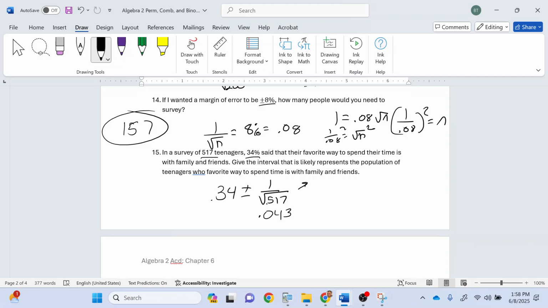So I'm going to add 0.34 plus 0.043, which is 0.383, and minus 0.043, which is 0.297. Then we just change it to percentage. So 38.3% and 29.7%. It's so obvious.